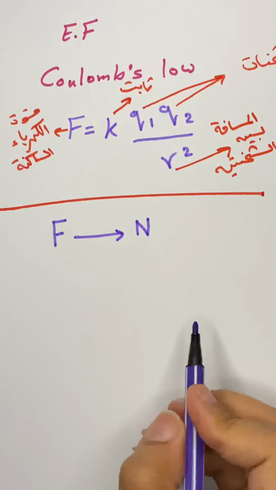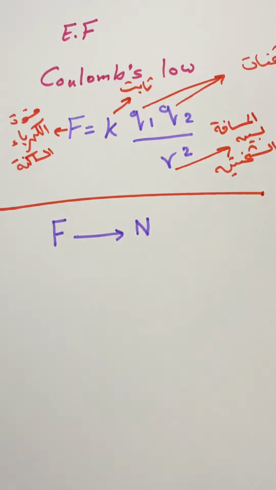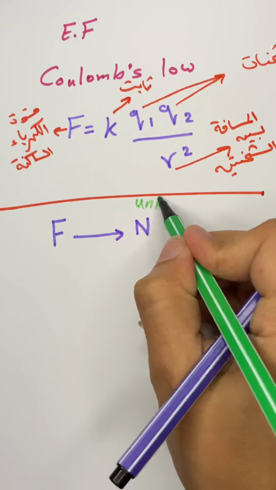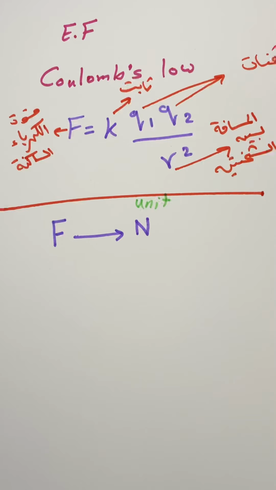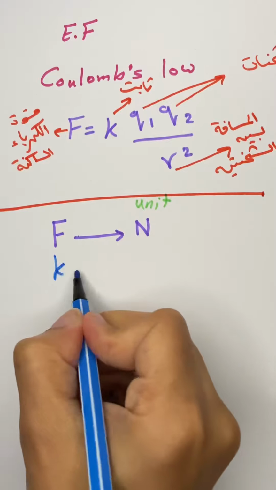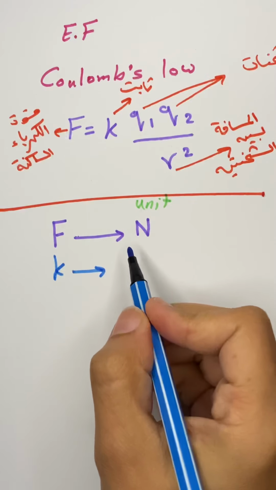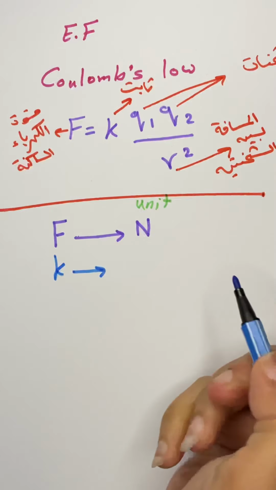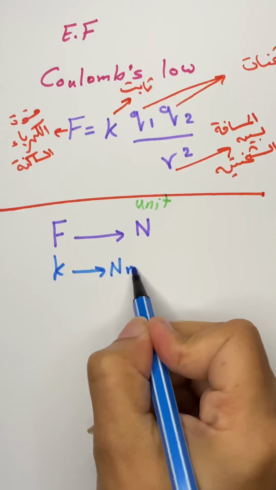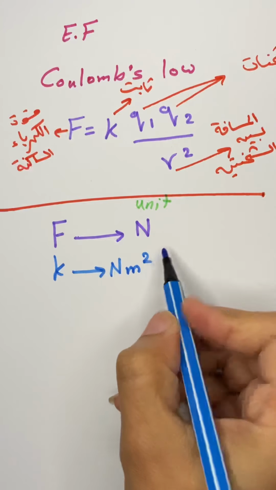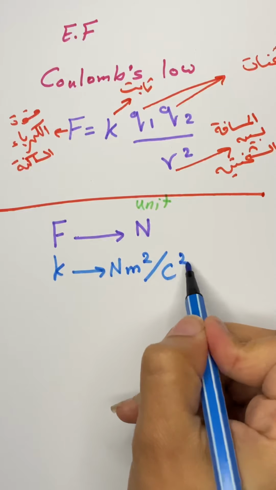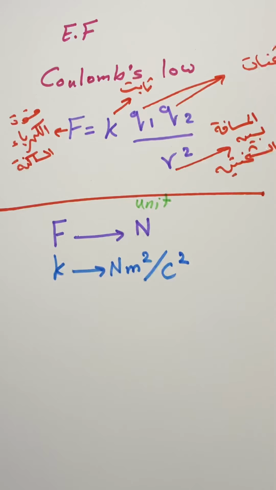the unit for it is Newton. So here are the units. We use Newton for F, and for K, since it's a constant, we will use Newton times meter squared per coulomb squared.